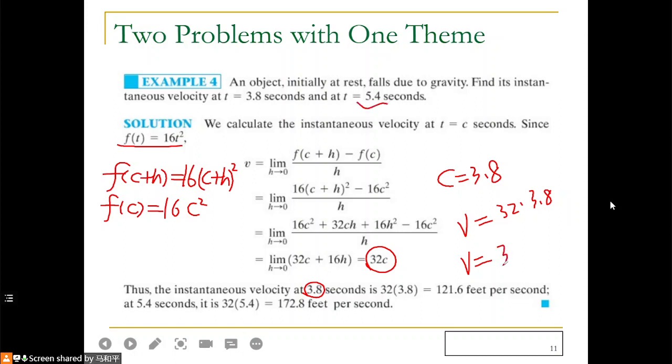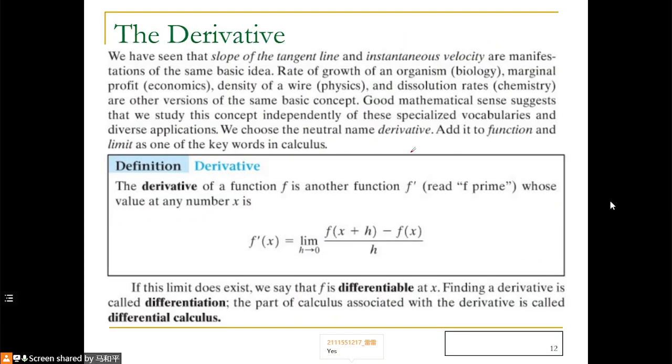It is 32 times 5.4. This means we can find the velocity at any time. Understand? Hello? Okay, we continue.